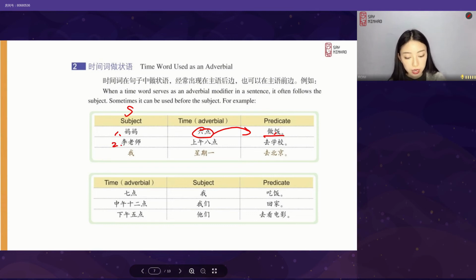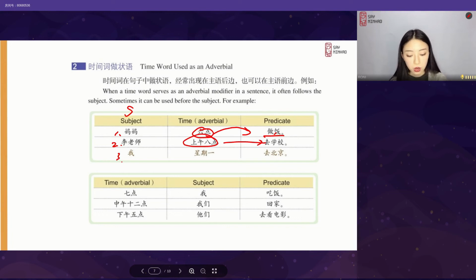Next one. 李老师上午8点去学校. Li Lao Shi is the subject. 上午8点 means 8 o'clock in the morning. And 去学校 is the verb plus the object, go to school. And we can see the time word is still before the verb.